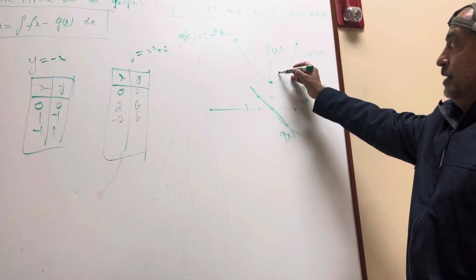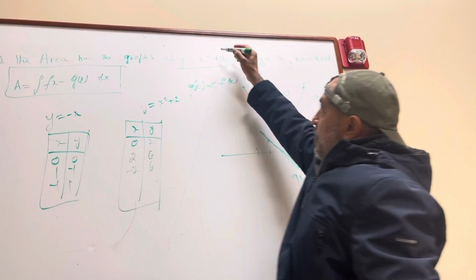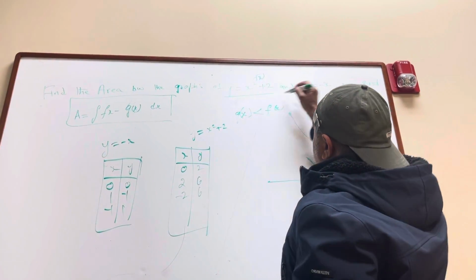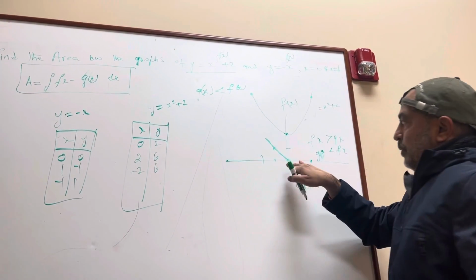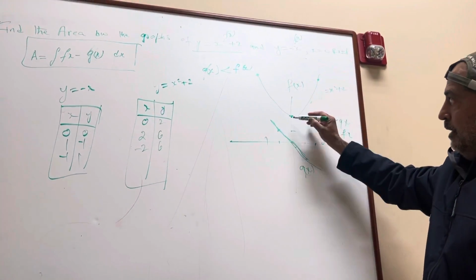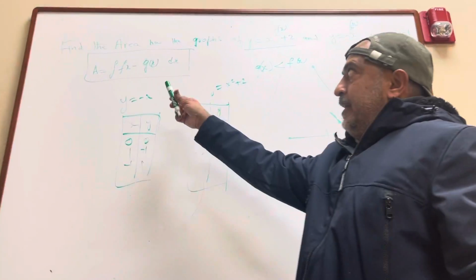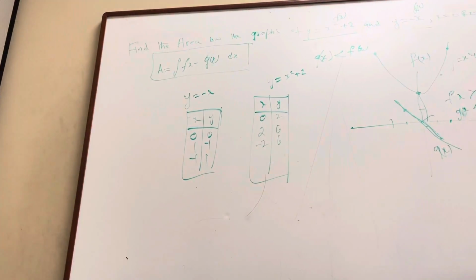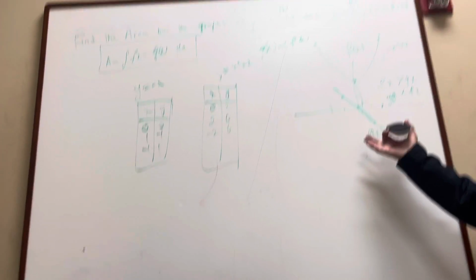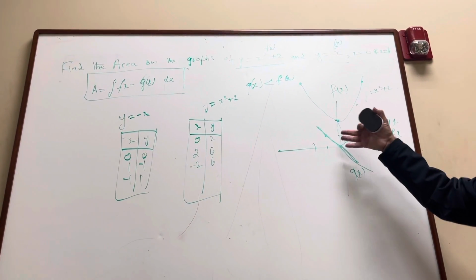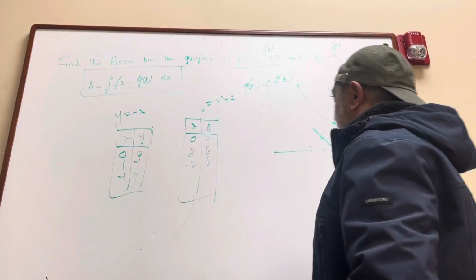You can see this graph y is equal to x squared plus 2 is denoted by f of x, and y is equal to minus x is denoted by g of x. So this one is on the bottom and this one is on the upper. So my integral will be f of x minus g of x. That's the way you calculate it, or you can use the Desmos graphs and graph both the graphs. Whatever graph is on the top, we will say f of x minus g of x.